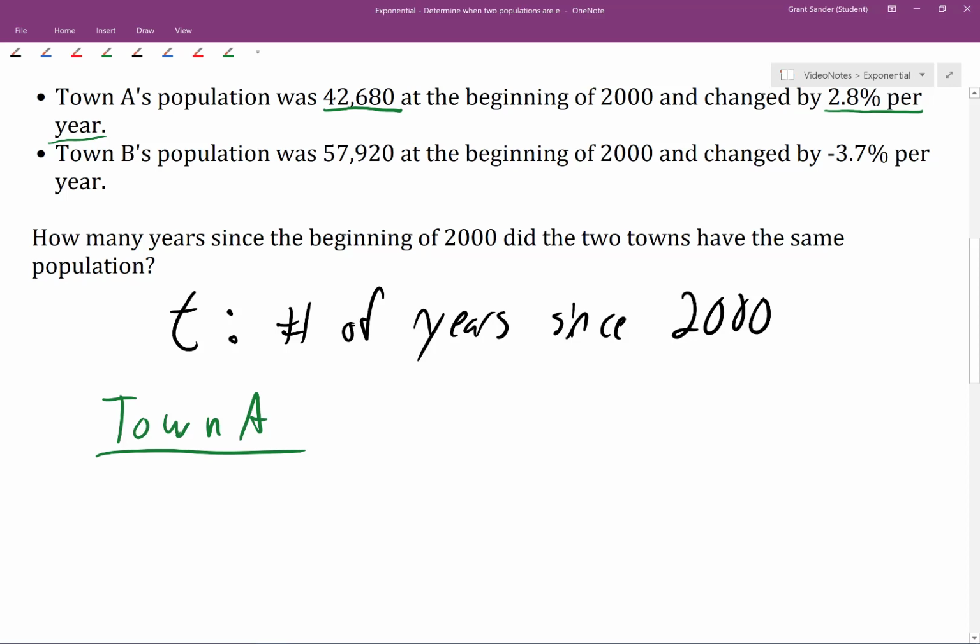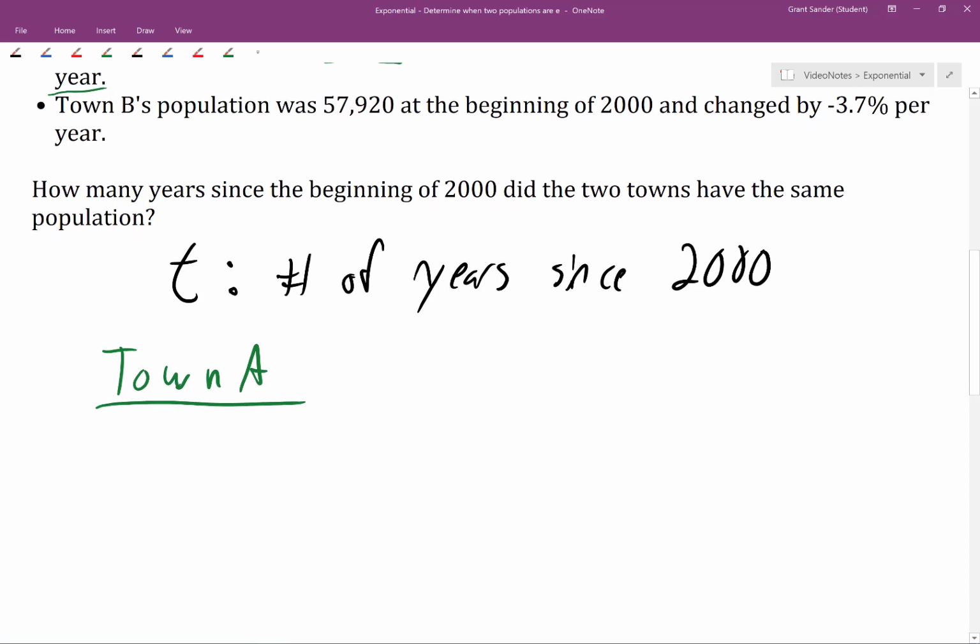And a 1 year percent change of 2.8 corresponds to a one year growth factor of 1.028. So this 1.028 comes from the fact that at any given year, the new population is 102.8% of the population the prior year. So this 2.8% change corresponds to a growth factor of 1.028.